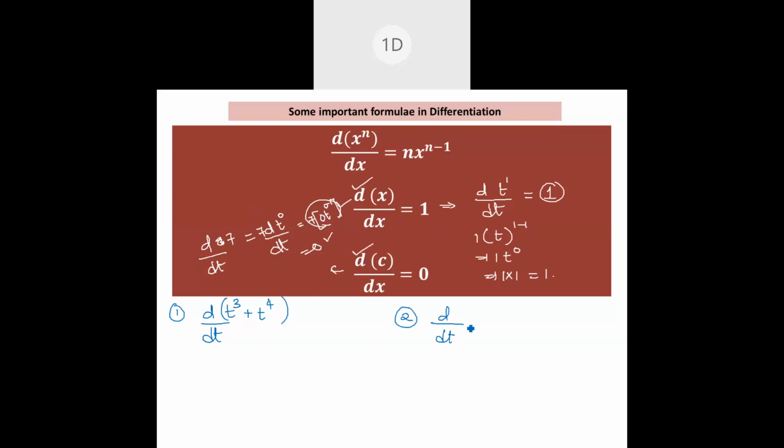Differentiation of 3t square plus 2t. Differentiation of... same values? Change them.